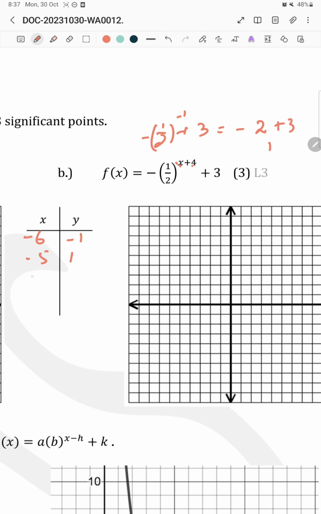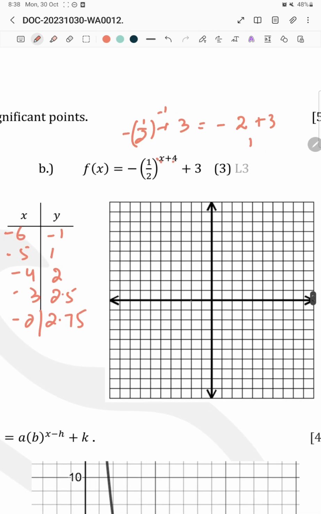So minus 6, minus 1, minus 5, 1, minus 4.